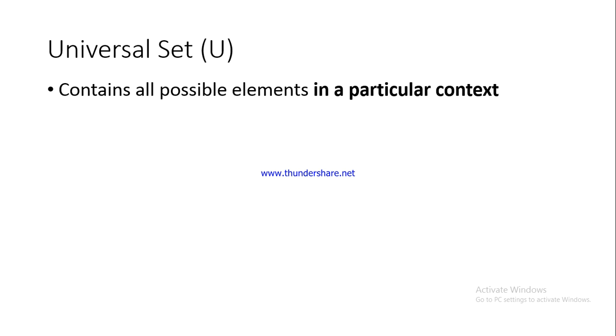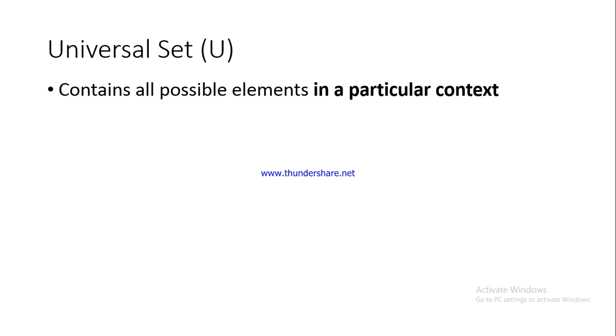Now let us talk about the universal set. What do we mean by universal set? Well, universal set will contain all possible elements in a particular context. Now this is very important. You need to take care of this particular phrase while trying to find out universal set or while doing some calculation which includes universal set.